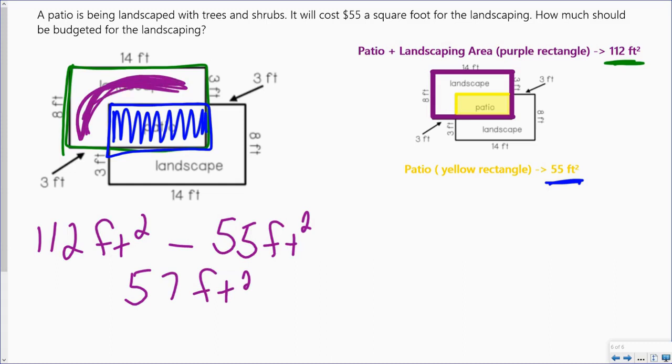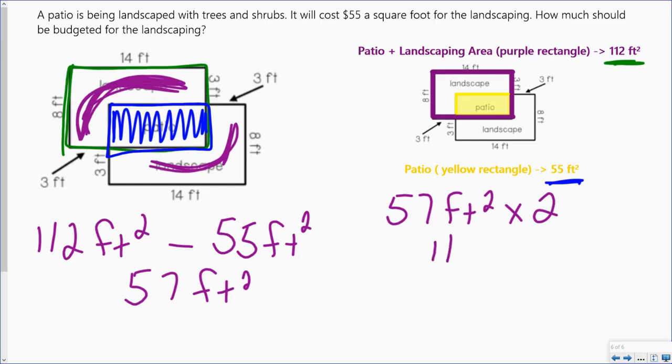But if you notice, there are 2 of them. So I need to take my 57 feet squared and double that, and that's going to give me a total of 114 feet squared. So that's the area here and the area here.